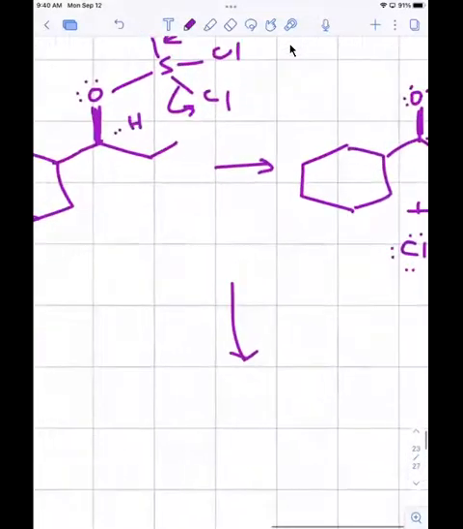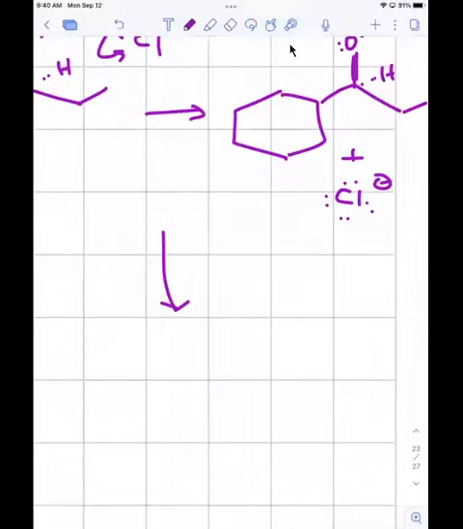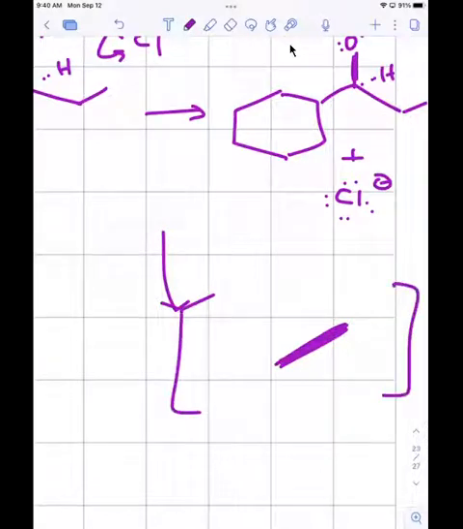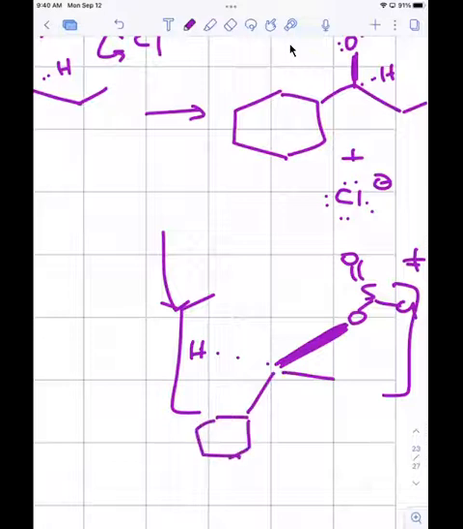And let me see if I can draw this in kind of 3D. So this is going to be a transition state. This is the O, S double bond O, Cl. This is the H. And then on either side, you have the ring here, and you have another carbon, an ethyl group there.